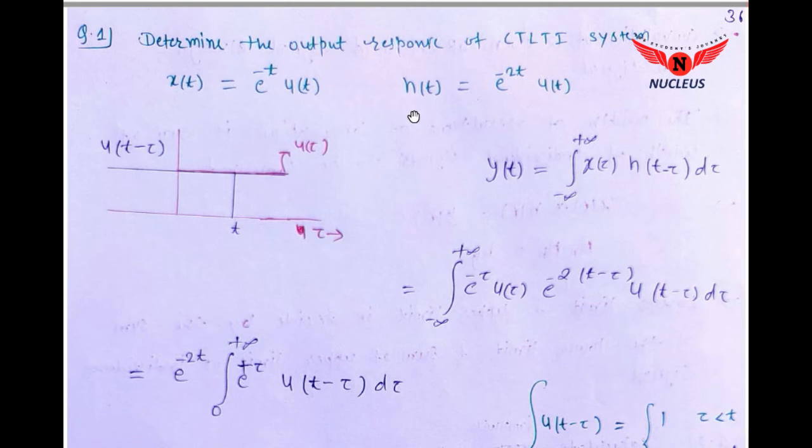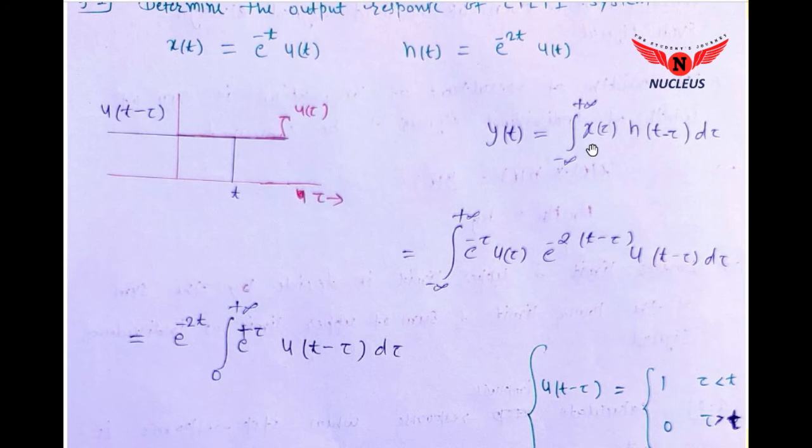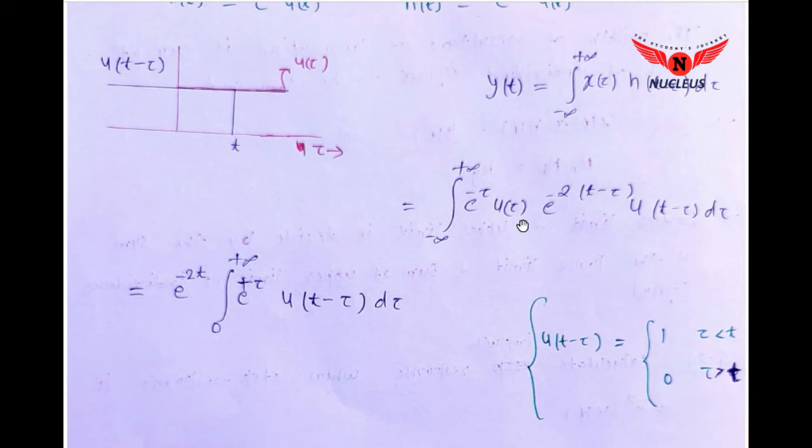To find the convolution, y(t) is equal to the integral from minus infinity to plus infinity of x(tau)h(t minus tau). So you can write this equation: x(tau) is e^(-tau)u(tau), and h(t minus tau) is e^(-2(t minus tau))u(t minus tau). Further you can write this equation. The red part is u(tau); u(tau) starts from here and goes to here.